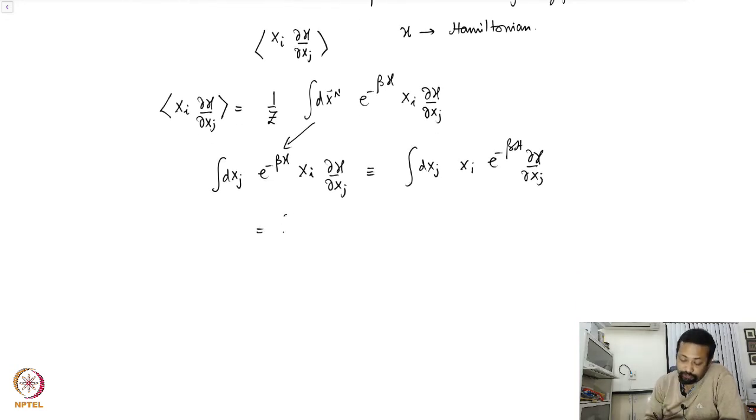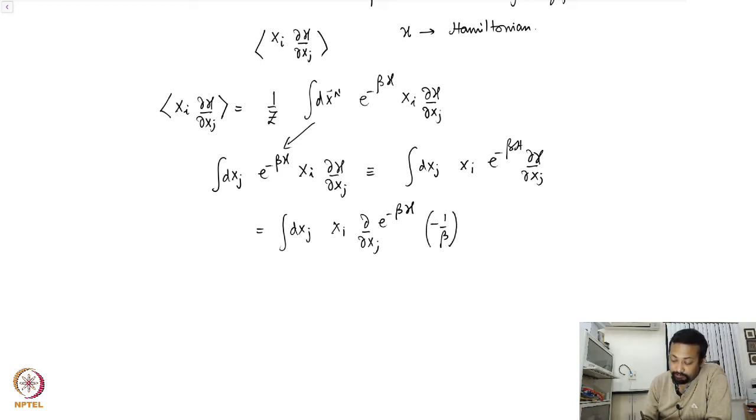This is going to be dx_j x_i del by del x_j of e to the power minus beta H. If you do that, you get a minus beta, so I have to divide by minus beta. So this becomes minus 1 over beta dx_j x_i del x_j e to the power minus beta H.